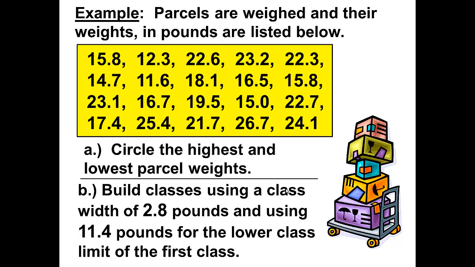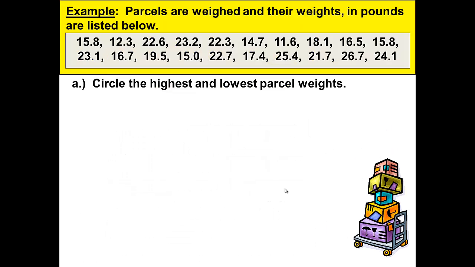Now I will work through this example where parcels are weighed and their weights in pounds are listed below. This will be done in 2 steps. The first step in building classes is to be aware of the highest and lowest numbers in your data set.